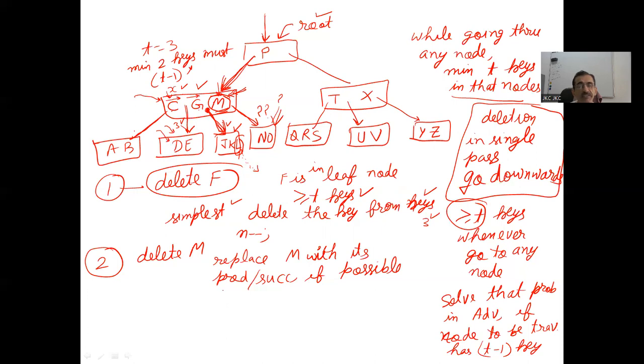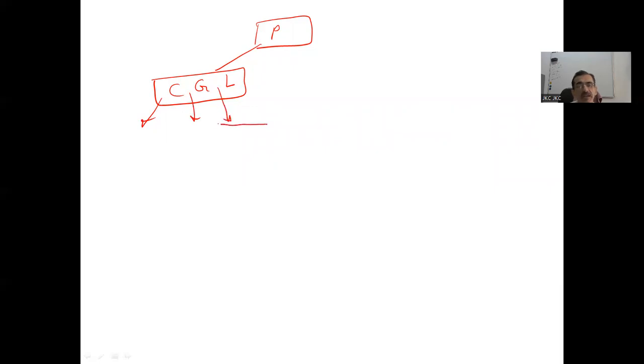So this will remain P, and instead this will become C, G, and L. And because L is coming from this pointer, recursively I will come downwards to do the deletion.